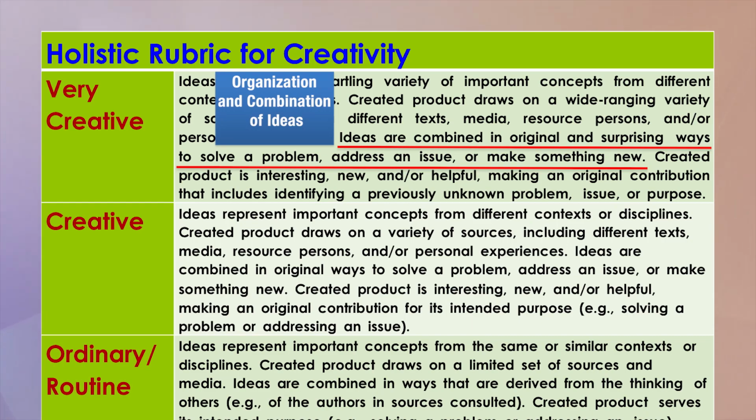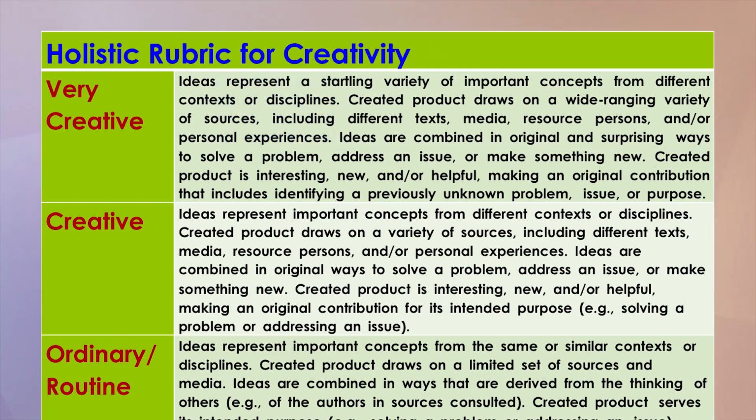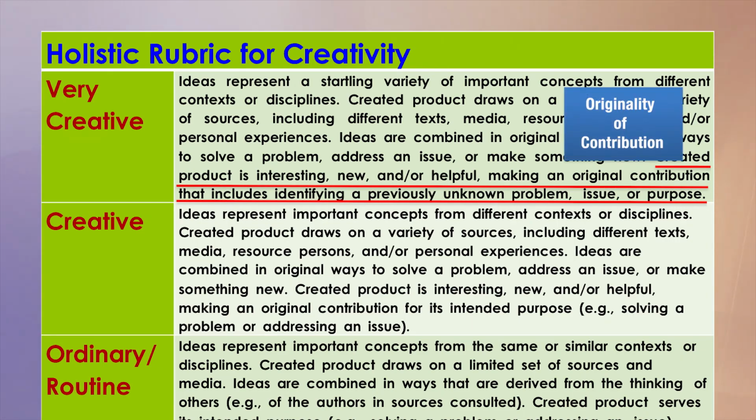The fourth and last statement of the description is, created product is interesting, new and helpful, making an original contribution that includes identifying a previously unknown problem, issue or purpose. It was the description for the level very creative under the criterion originality of contribution in the analytic rubric.